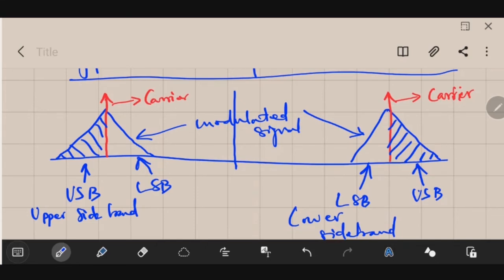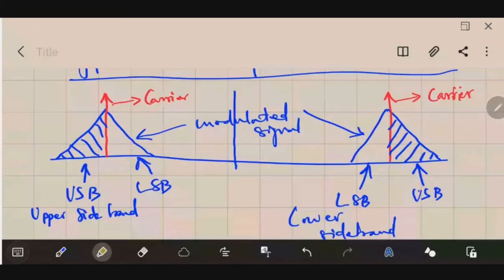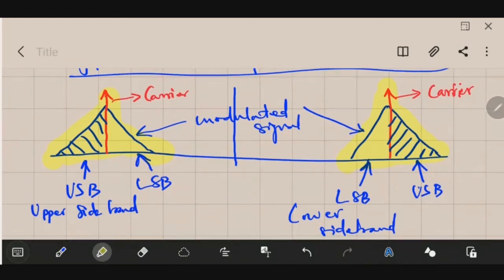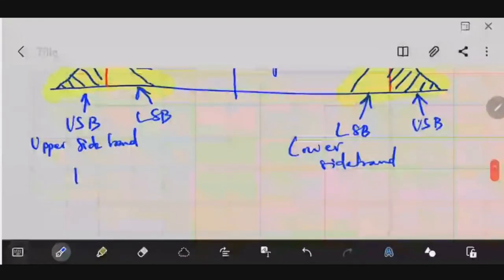Just keep this diagram in your mind, and then we will go one by one through the different modulation techniques. The first variant of amplitude modulation is the double sideband full carrier. This signal that we have drawn here, in which the modulated signal as well as the carrier are all present, is called double sideband full carrier.